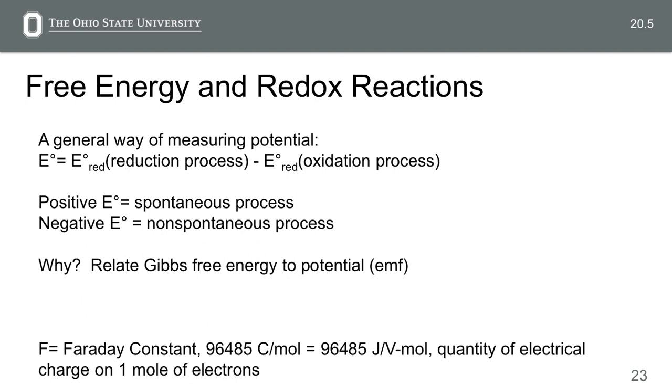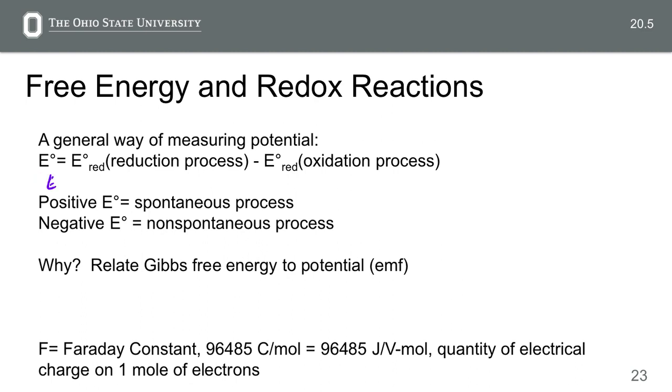So we've been saying that we need to have a positive cell potential to have a spontaneous process, and a spontaneous process is going to occur in a galvanic cell. We're now going to actually look at the equations that get us there. Again, recall our equation for cell potential.